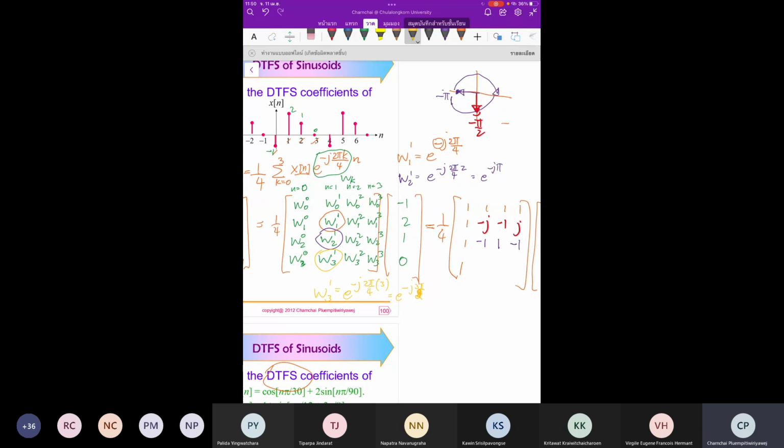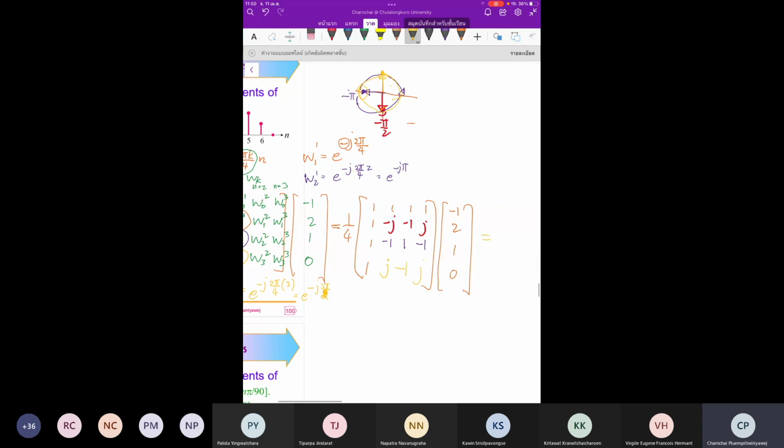Negative 3 pi over 2 is pi over 2, 2 pi over 2, 3 pi over 2 is here. Right? So it's a j. Okay, it's a j. And then you square it. That means you go to 6 pi over 2, negative 6, 1, 2, 3 is negative 1. And then 1, 2, 3 is j. Okay, and multiply them and whatever you get for the answers.